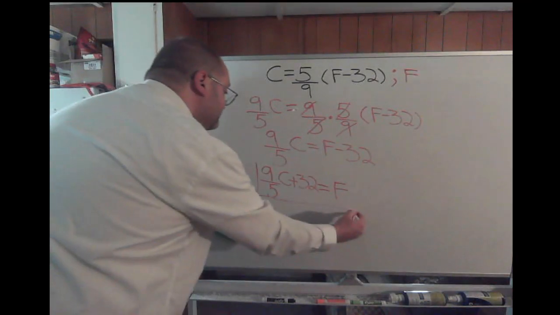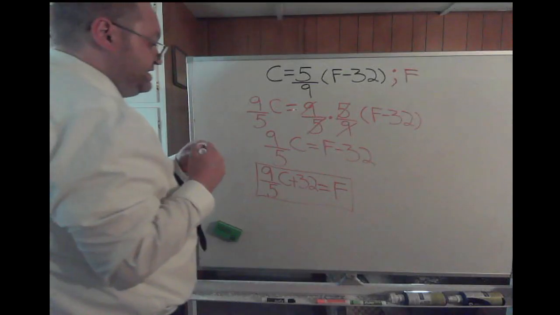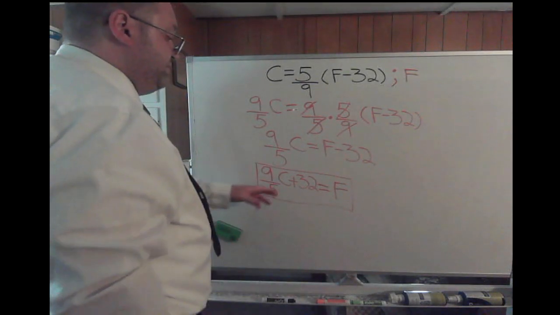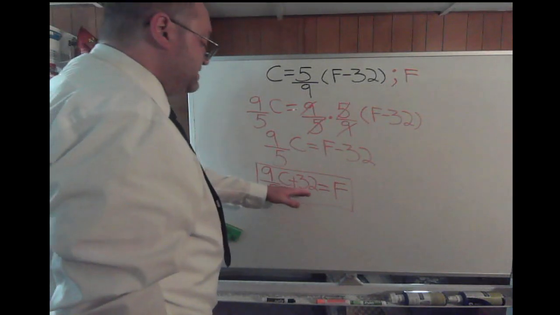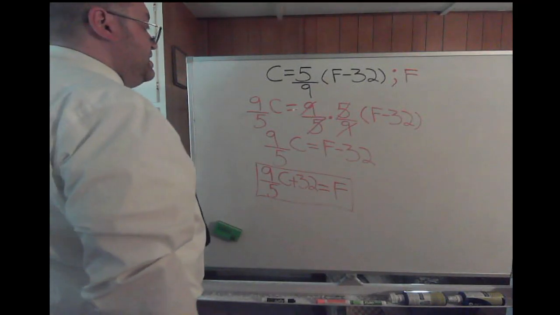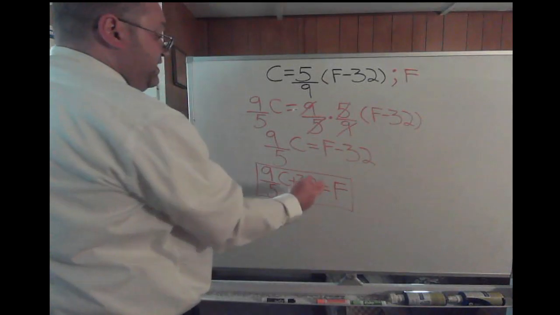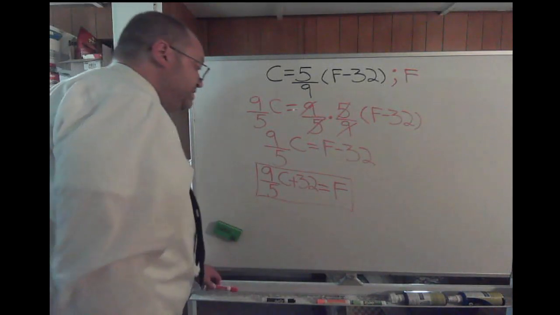And that is the formula for converting Celsius to Fahrenheit. 9/5 times the Celsius plus 32 is equal to your degrees Fahrenheit. So we went from converting Fahrenheit to Celsius to Celsius to Fahrenheit. We switched it around.